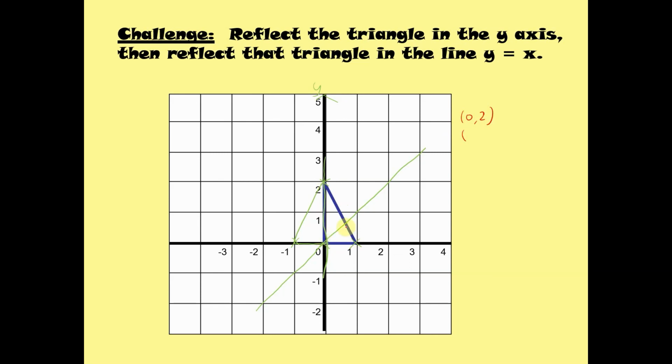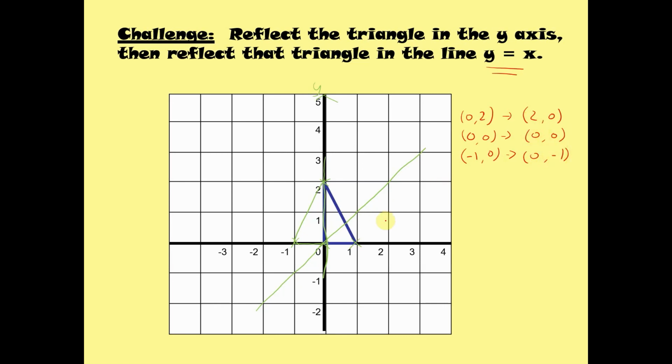This point is 0, 0, and it will remain where it is because it is on the line of reflection. And then we have this point which is -1, 0. So since the line is y equal to x, we only need to change their position, not their sign. Okay, so 2, 0, and 0, -1.